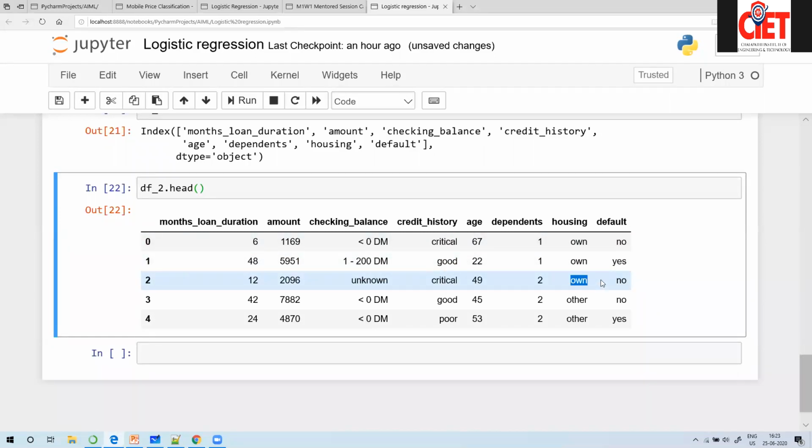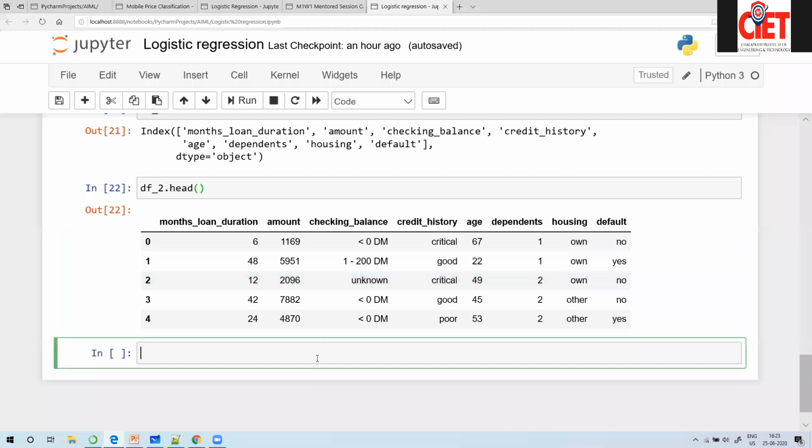So for both linear regression and logistic regression, when you have character data like this, we need to convert that character data into some sort of dummy variables. And we will see what dummy variable means. Take housing. How many values are there in housing? So df_2, what is the column name?